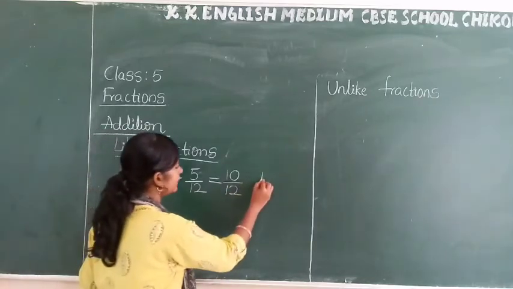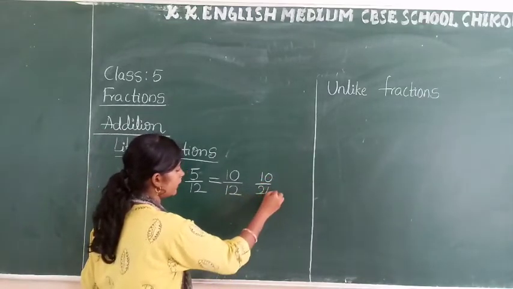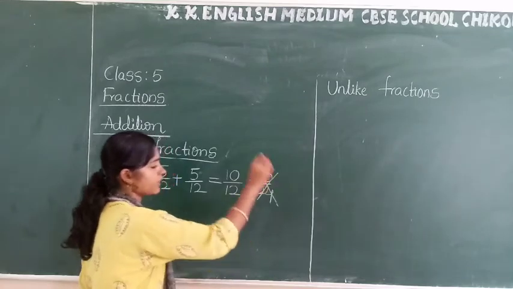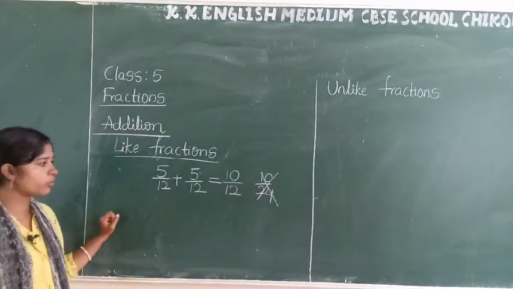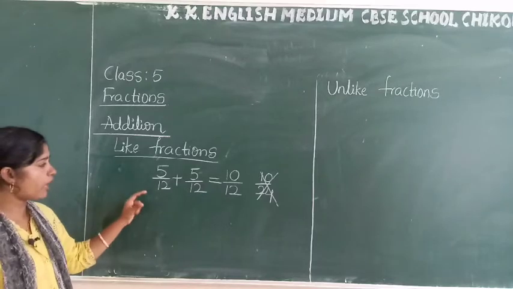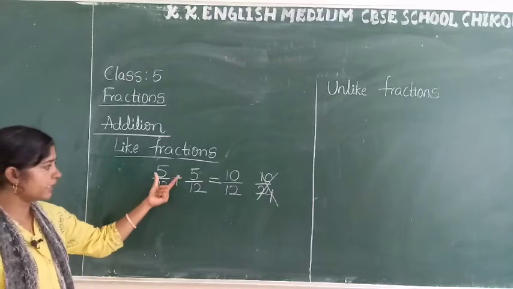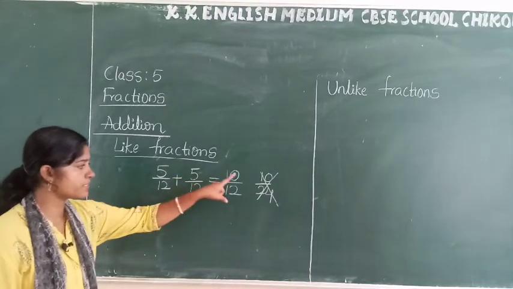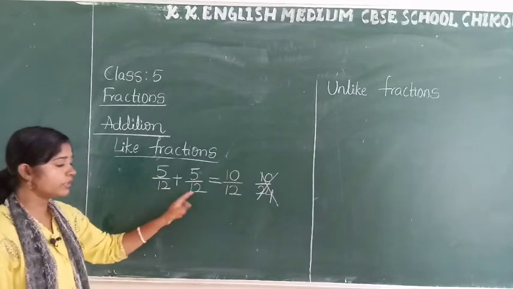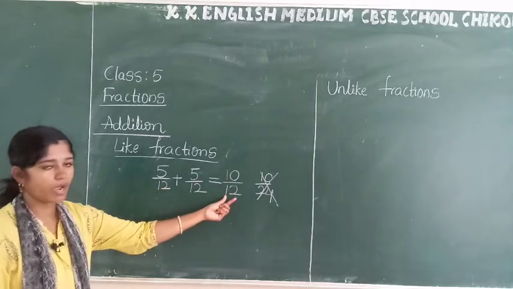Don't write 10/24. If you wrote it like this, your answer is wrong. You just add the numerators: 5 plus 5 is 10, and the denominator 12 you have to keep as it is.